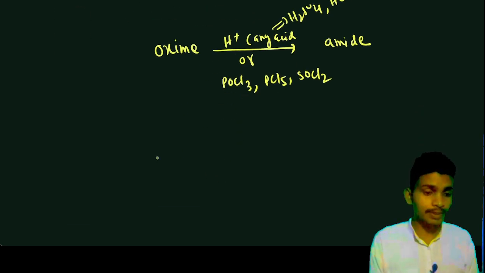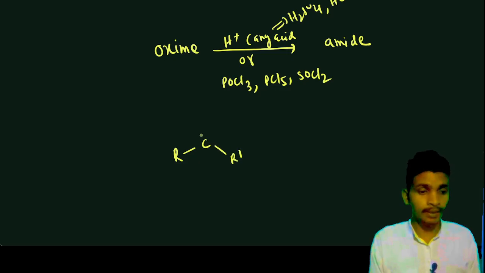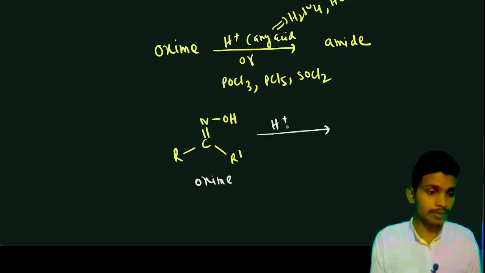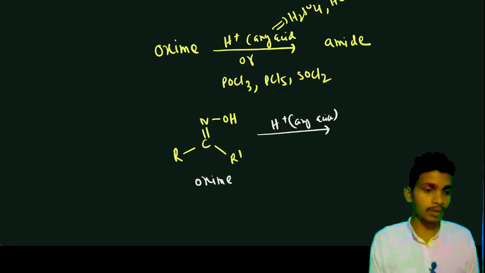So the oxime is here, let's say R, and this is C, and this is R dash, and here we have N, and here we have OH. So this is the oxygen, and here we will have any acid group, H plus, or any acids, or POCl3.